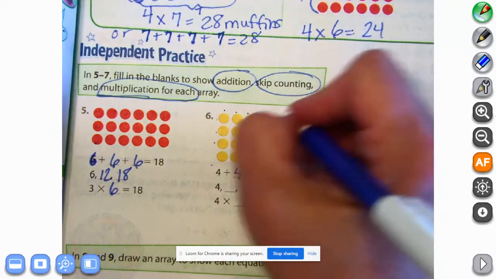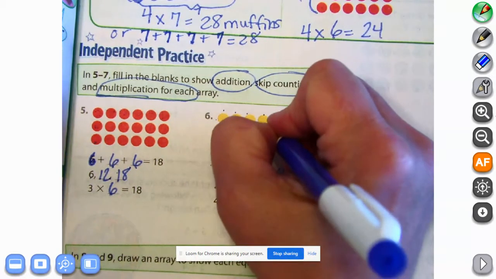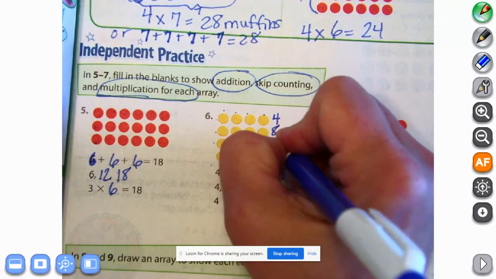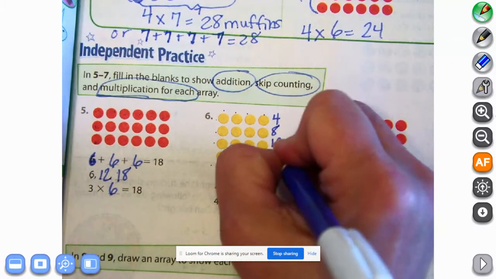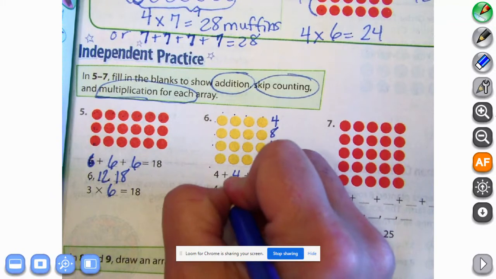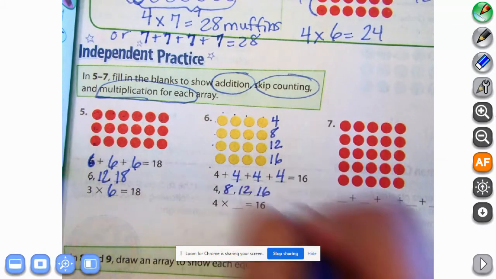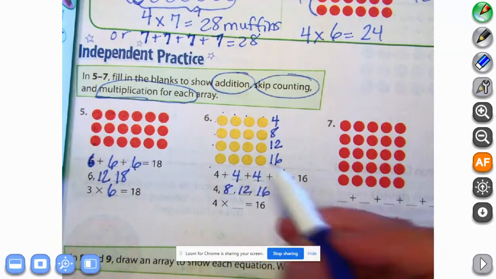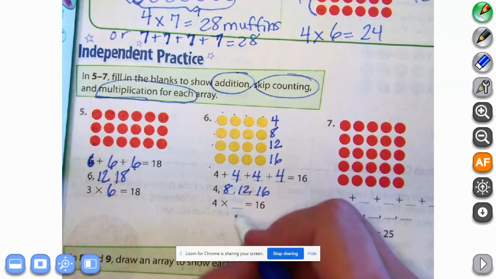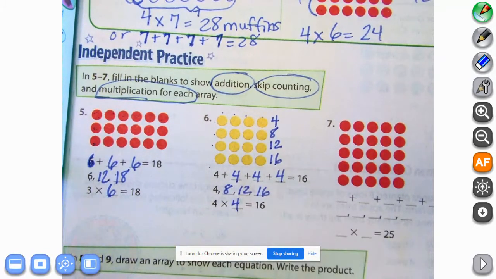If I'm going to skip count, I'm going to do 4, 8, 12, 16. 4 groups of 4 is 16.